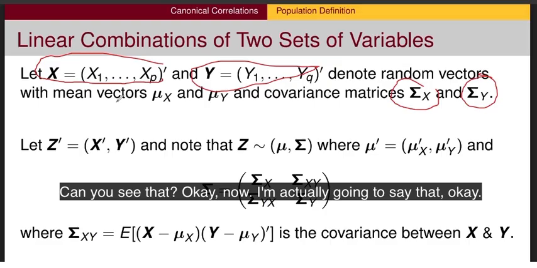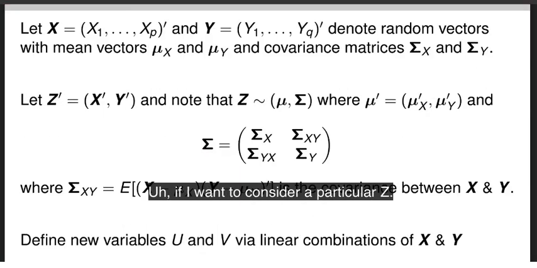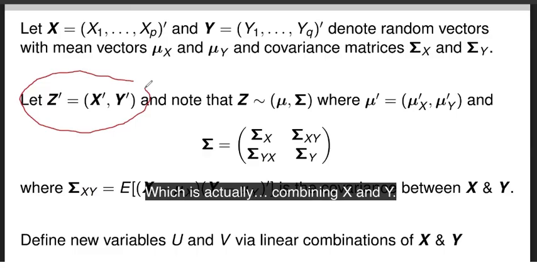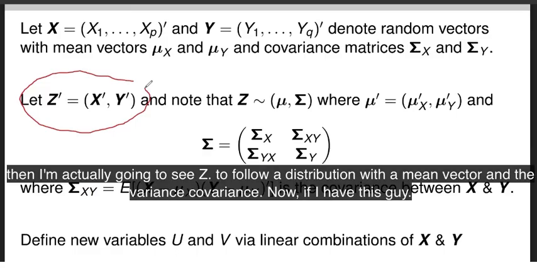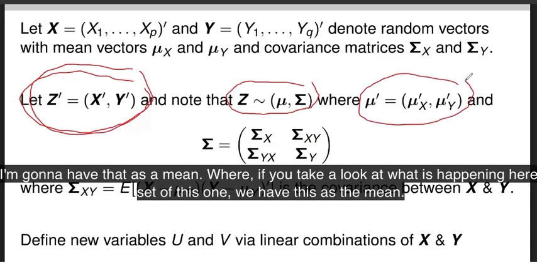Now, if I want to consider a particular z, which is combining x and y, then I'm going to say z follows a distribution with a mean vector and the variance covariance. If I have this, I'm going to have that as the mean.